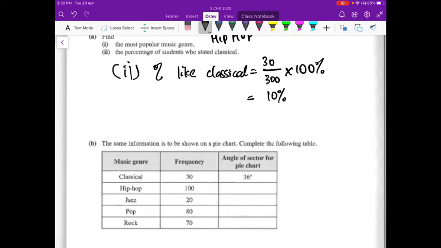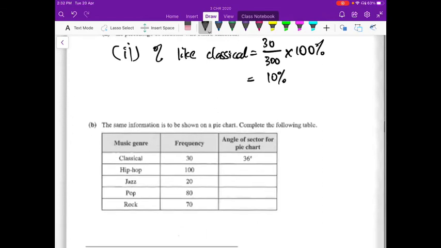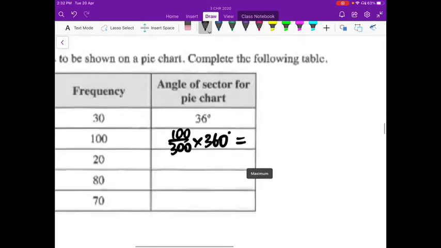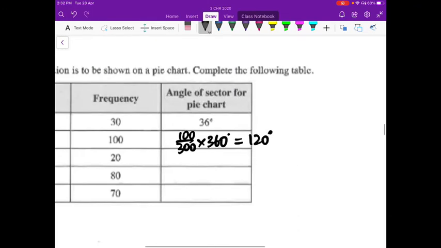So 100 out of 300 times 360 degrees. Next one, 20 out of 300 times 360 degrees. So 24 degrees.